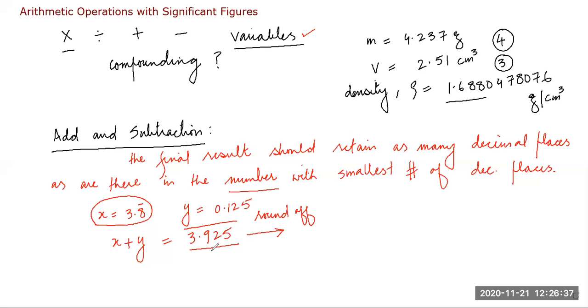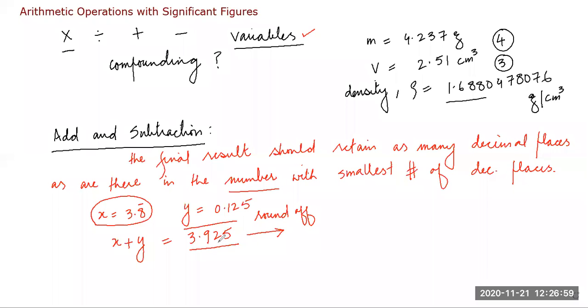Now we will apply the five rules we have discussed last time to round off the decimal places. Here we want to convert this into one decimal place. This 2 is less than 5, right?